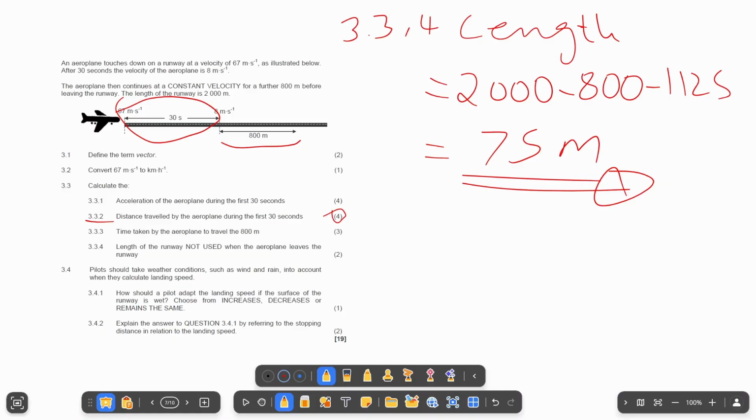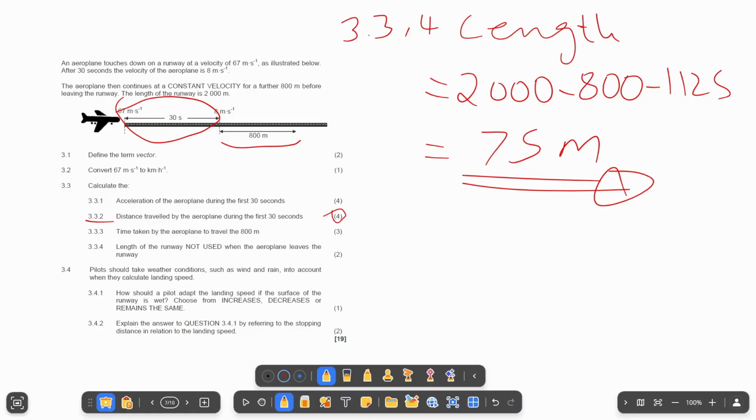Now let's answer question number 3.4. Pilots should take weather conditions such as wind and rain into account when they calculate landing speed. Right? Now, how should a pilot adapt the landing speed if the surface of the runway is wet?